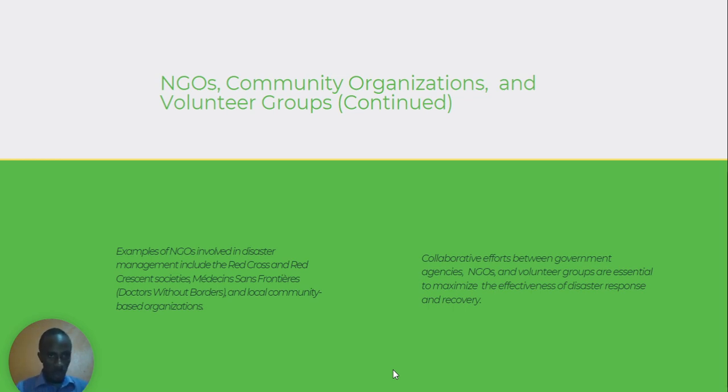So examples of NGOs involved in disaster management include the Red Cross and the Red Crescent societies. Then we have Médecins Sans Frontières, or in English, what are called Doctors Without Borders, and then a lot of CBOs, or the community-based organizations.